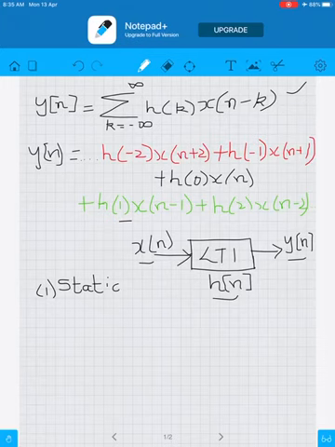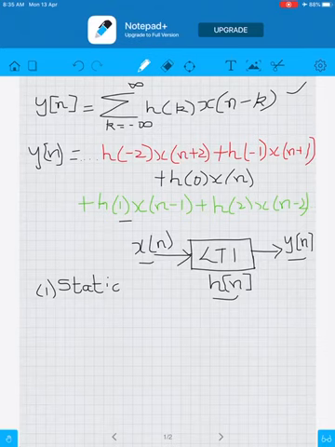A system is said to be static or memoryless when the output is dependent only on the current instance of the input. That is, suppose I am interested in determining the output y of n at n is equal to 0, then that output should depend on the input only at n is equal to 0 and so on.